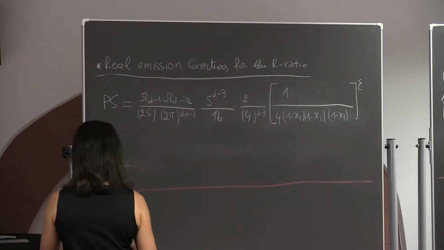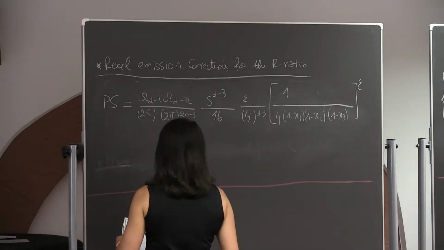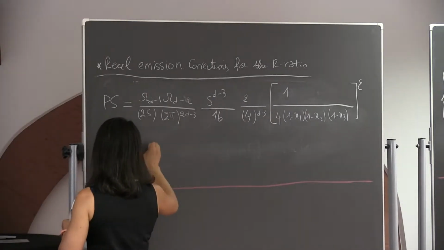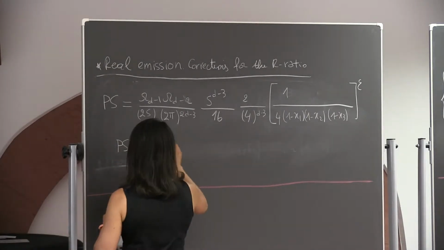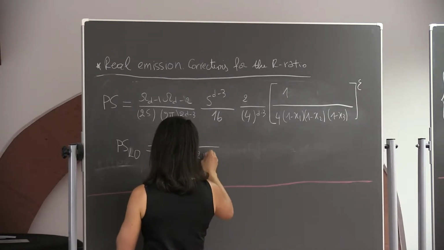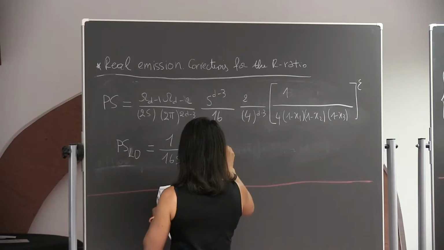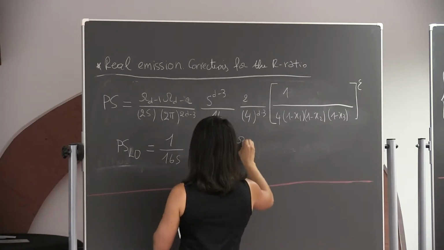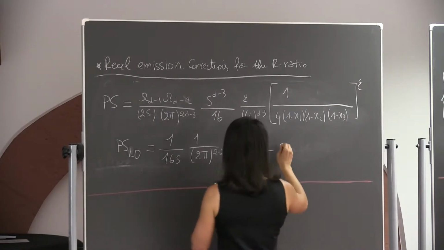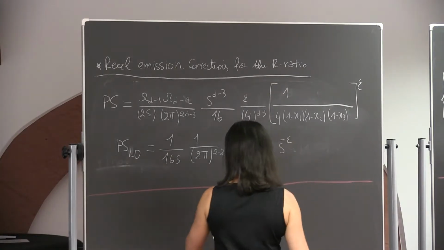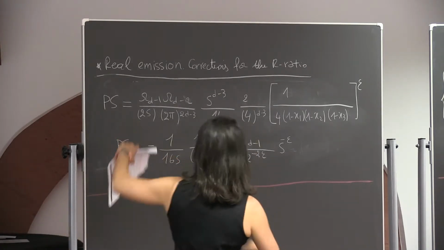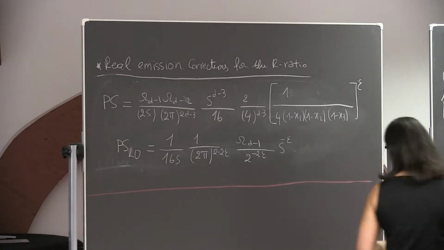Remember from yesterday in d dimensions, our PS0, let me denote it as leading order, we found it is equal to 1 over 16 s times 1 over 2 pi to the power 2 minus 2 epsilon, omega d minus 1 over 2 to the power minus 2 epsilon, times s to the power minus epsilon. So if I use this now and rewrite this line here in terms of PS0, I will get something simple.